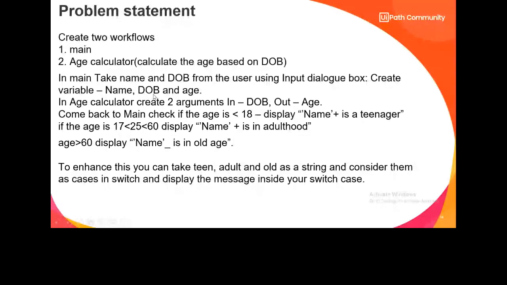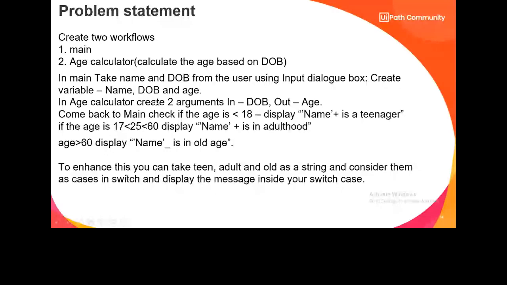And in the age calculator workflow, you are going to create two arguments. One is the input argument, that is the date of birth, and the output argument, which will be the age. So you just have to go ahead in the age calculator and, based on the date of birth, calculate the age and pass that as an out argument back to the main.